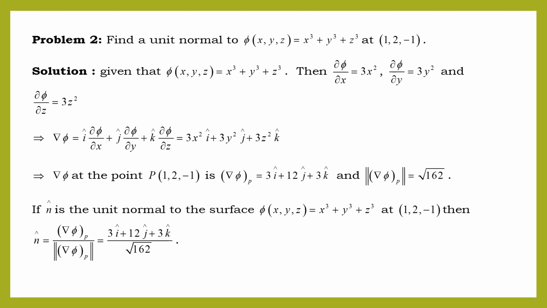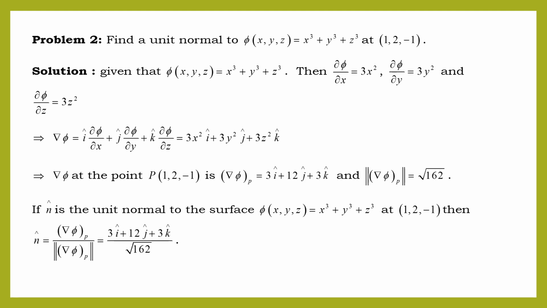If we substitute the values of the partial derivatives here, we get del phi equals 3x square i cap plus 3y square j cap plus 3z square k cap. This is the gradient of the given surface phi.